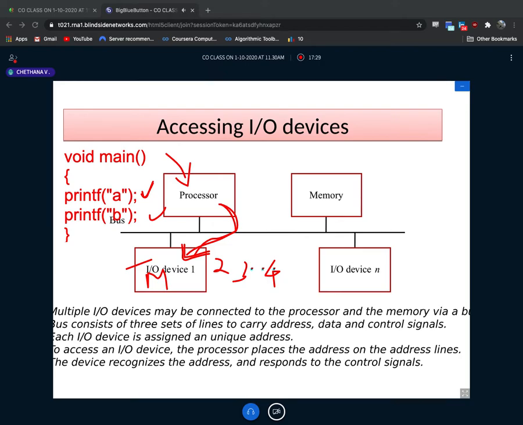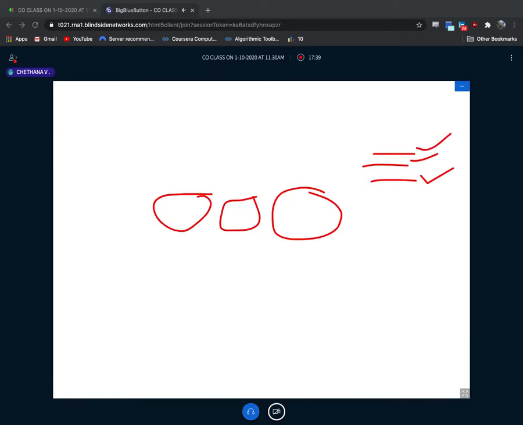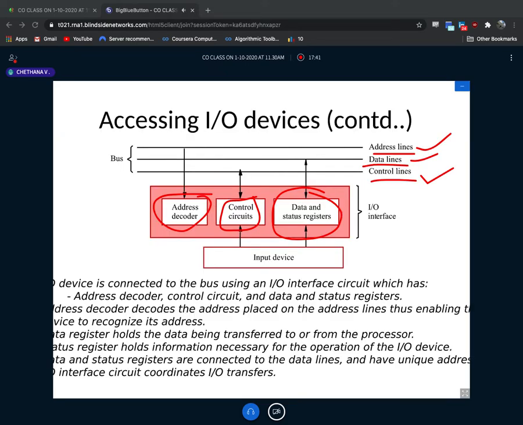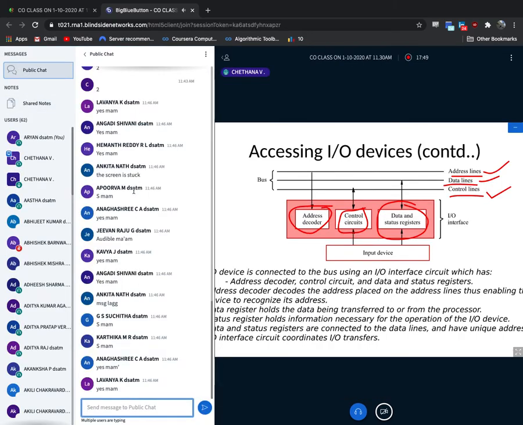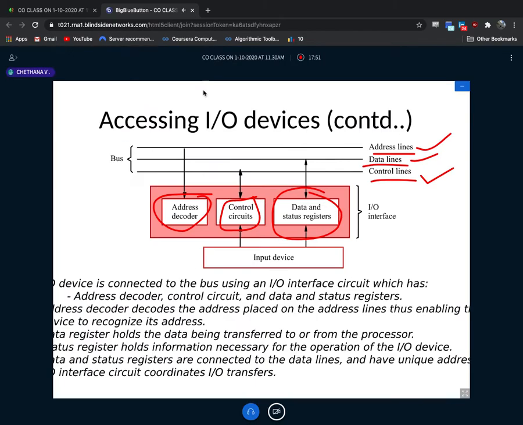Screen is stuck. Okay. Now I'm audible. So I'll type a message now. Fine now? Are you getting my message?